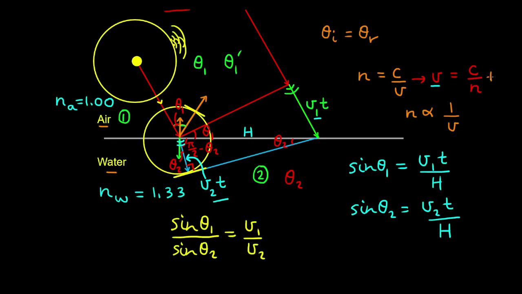And now using this relationship, the speed of light in medium 1 is the speed of light in a vacuum on the refractive index of medium 1, and similarly V2 is c on n2. So the c's cancel and n2 ends up in the numerator.